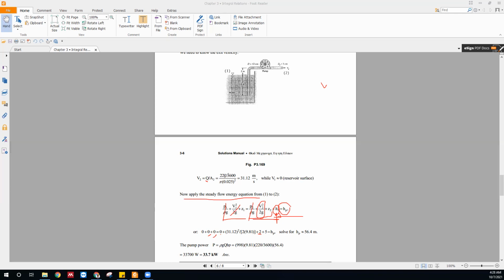Now Q equals 220 meter cube per hour. To convert it to meter cube per second, we just divide 220 by 3600. Now for the area, A is basically pi r square, right? Here we are given the diameter, 5 centimeter.